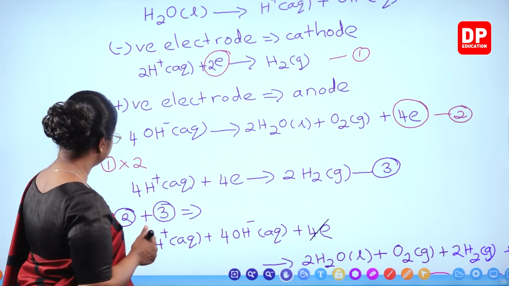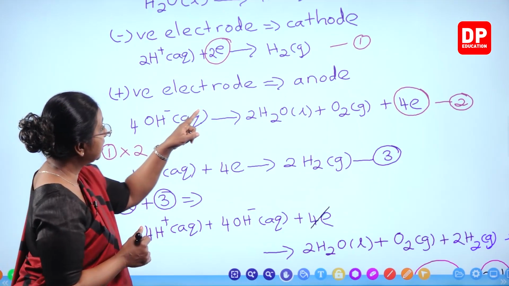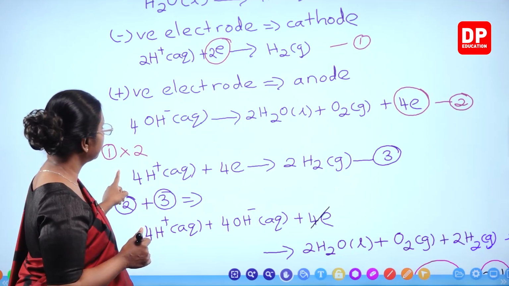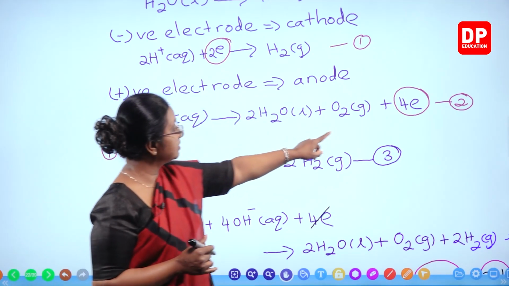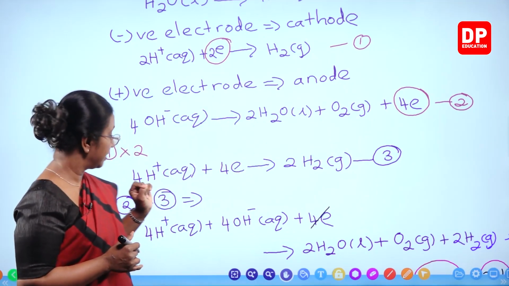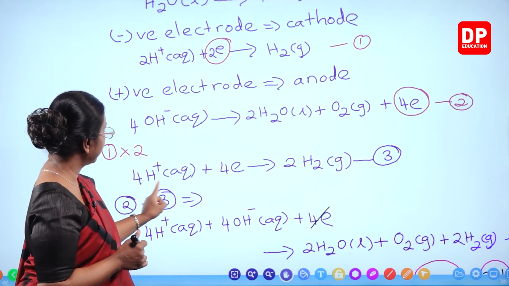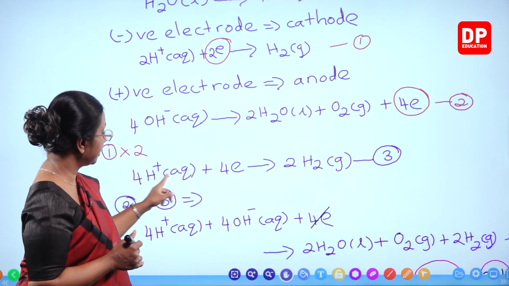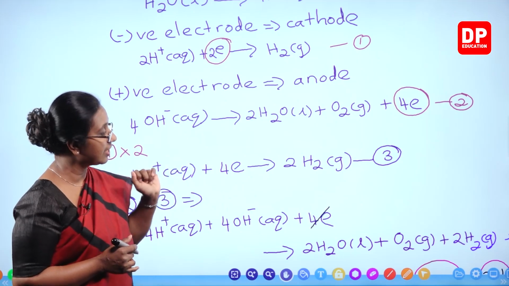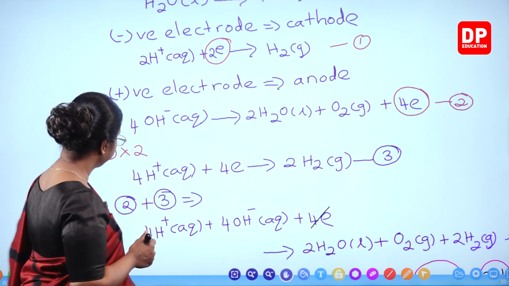losing 4 electrons. To balance them, we need to multiply the first equation by 2 because there are 2 electrons there and 4 electrons here. So when you do that, you get the equation as 4H+ aqueous plus 4 electrons giving rise to 2H2 gas.